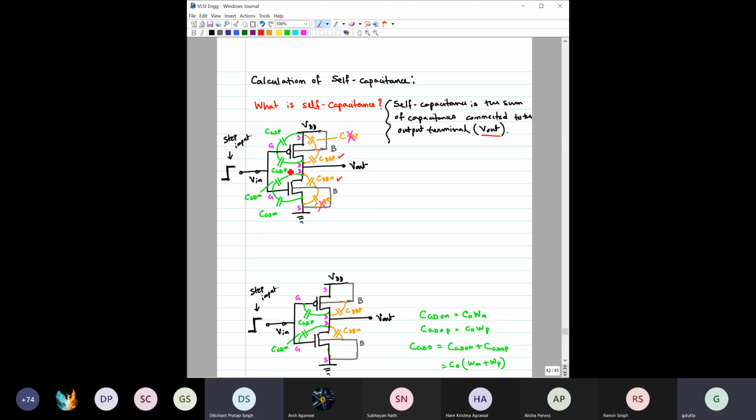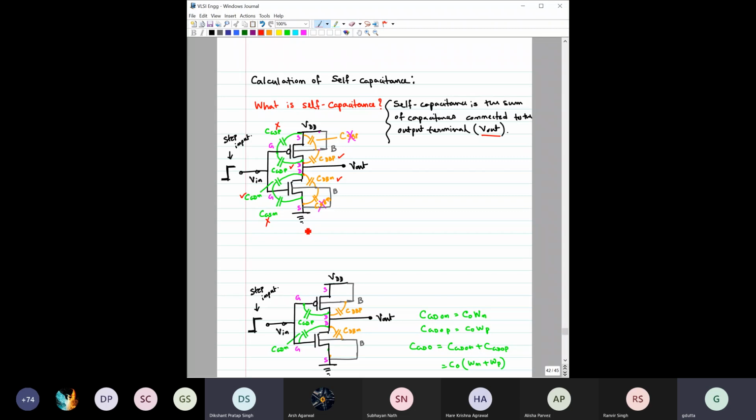You can see that at least one terminal of CGDP and CGDN is connected with the output, so definitely these two are going to play a role while calculating the self capacitance. Do you think CGSP and CGSN would be contributing? No, right? Because they are not actually connected with this output node. So these two are crossed.